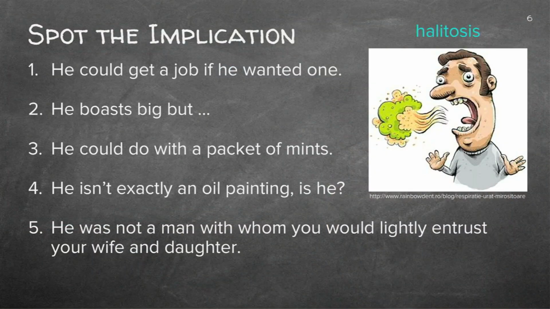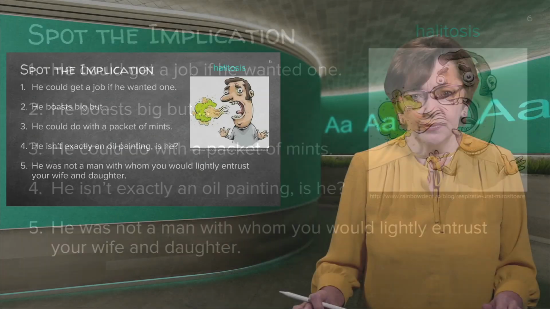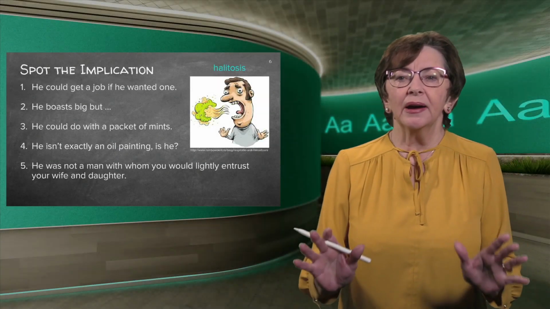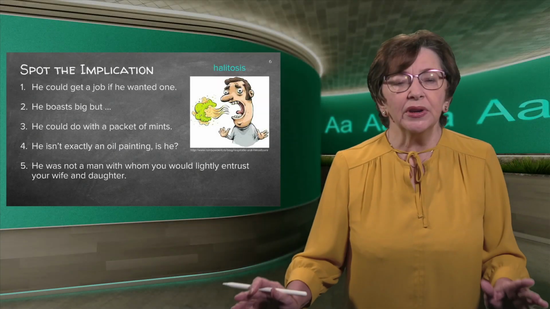So you are suggesting, you are implying certain things about the person, that he is, as I say, either a womanizer or somebody that can't keep his hands off women. So we are implying these things every day of our lives.